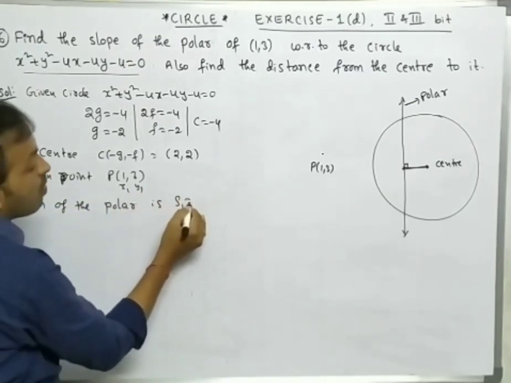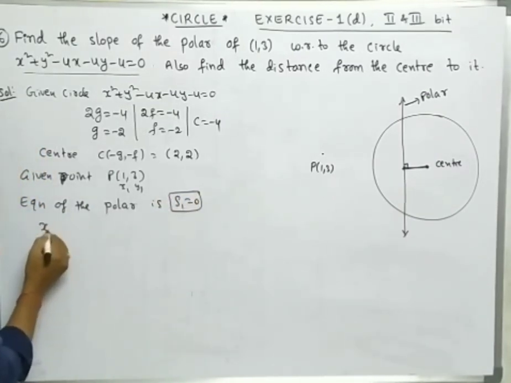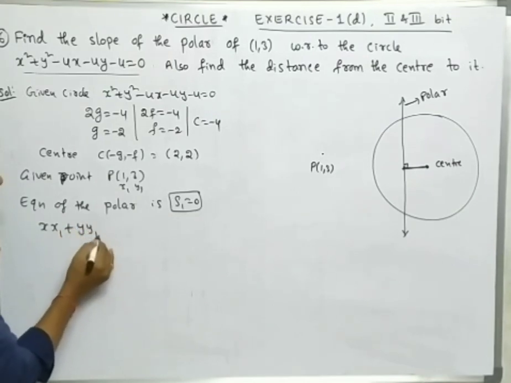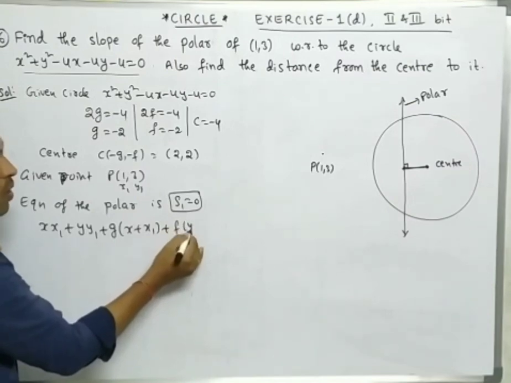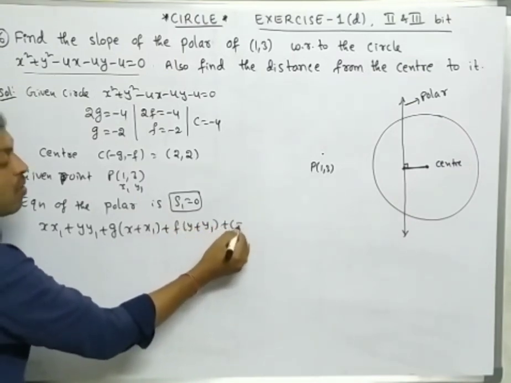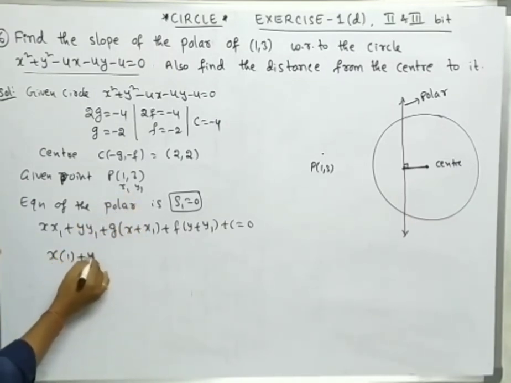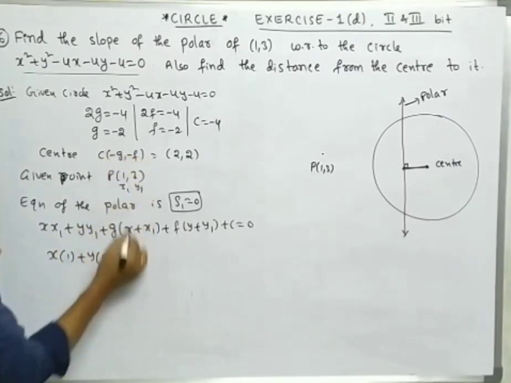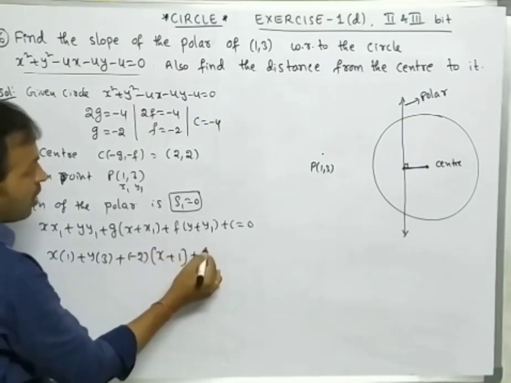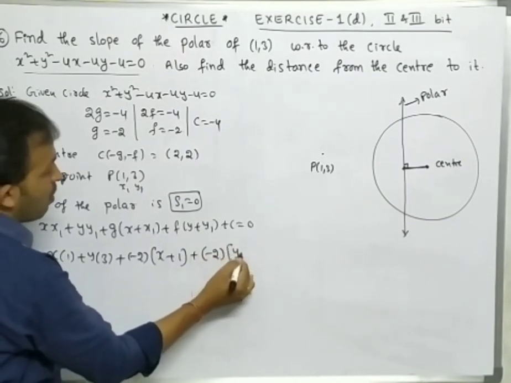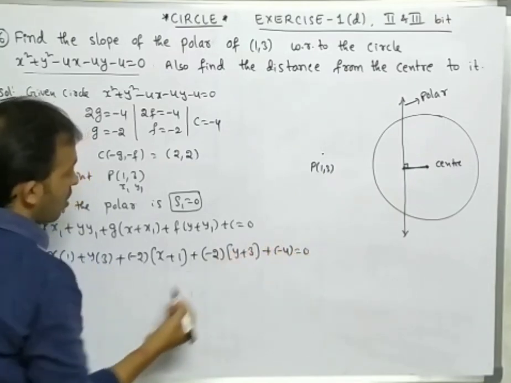Now the equation of the polar is S1 = 0. What is the notation for S1? xx1 + yy1 + g(x + x1) + f(y + y1) + c = 0. So x·1 + y·3 − 2(x + 1) − 2(y + 3) − 4 = 0.